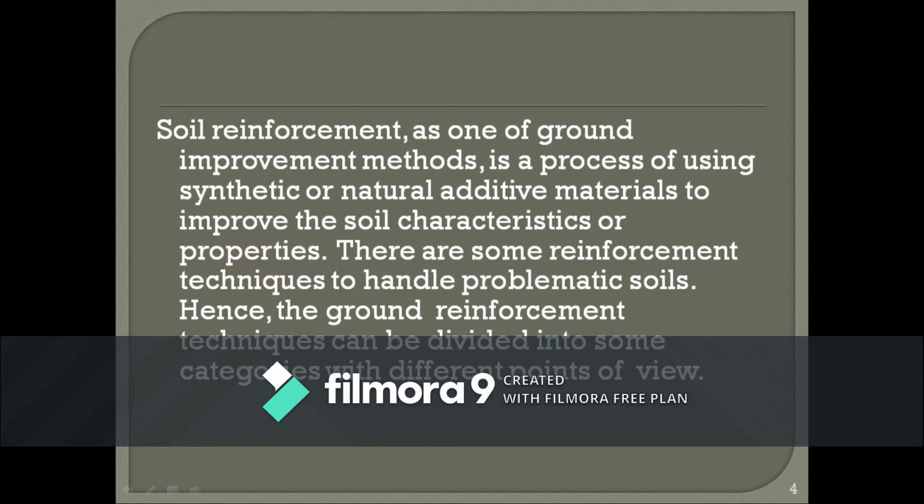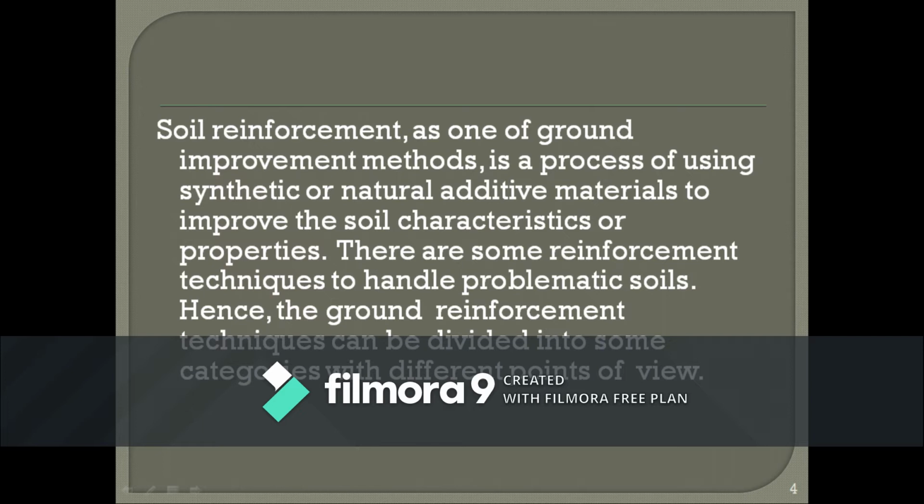The first and foremost thing we have in modification by inclusion and confinement is soil reinforcement. We'll look into soil reinforcement at a later stage. Only, in order to have an idea, I'm just giving it over here. Soil reinforcement as one of the ground improvement methods is a process of using synthetic or natural additive materials to improve the soil characteristics or properties. So what do you mean by soil reinforcement?